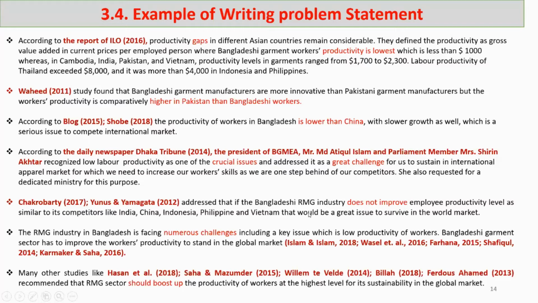So all of these are coming from different studies. You have to find out who is talking about there is a problem. When somebody has identified these problems, then you can say there is a problem. Who said so? You can give the reference.